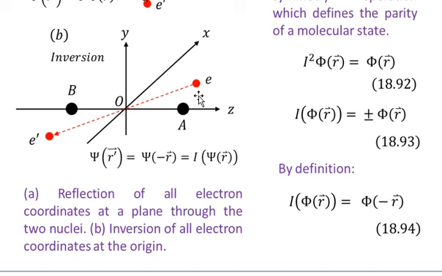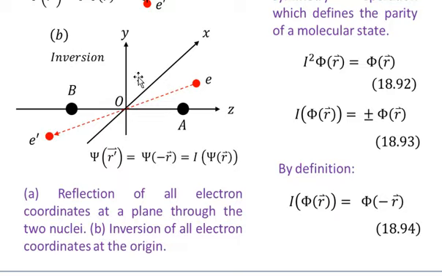So now consider a single electron shown in red and connected through a dotted red line at the origin. Under the inversion of the coordinate system, this electron will be mapped as E prime. And the arrow from the origin is also shown pointing out towards E prime.